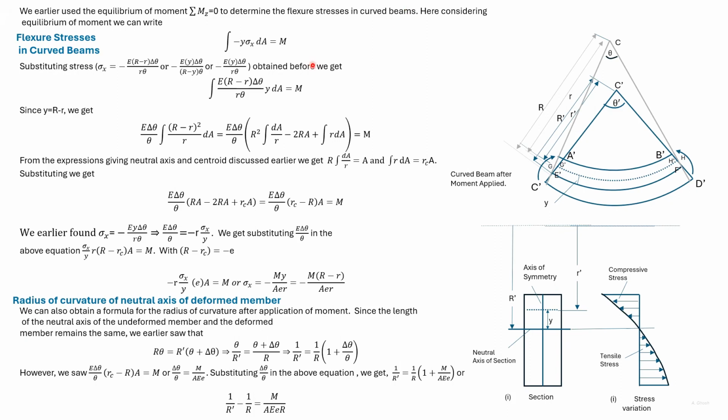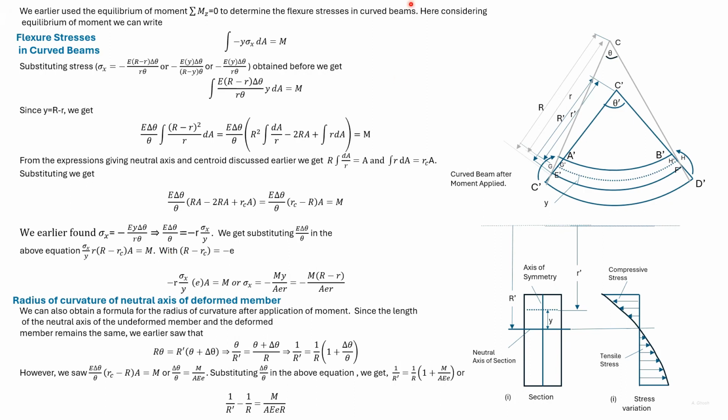Using this expression, we can write E delta theta by theta in terms of sigma x. So here we have substituted E delta theta by theta by minus R sigma x divided by y, and we get this expression.